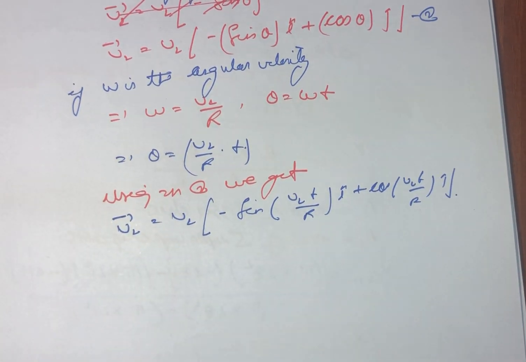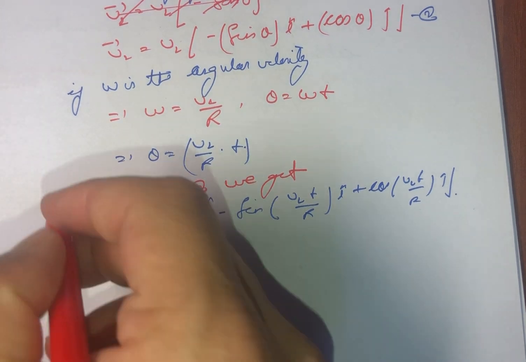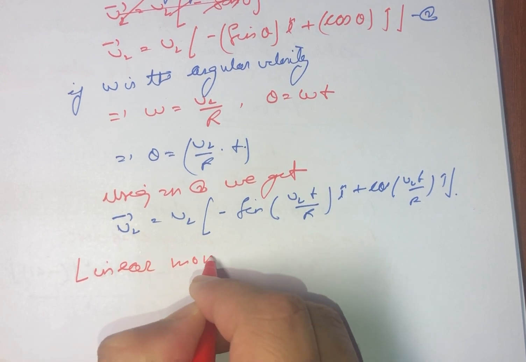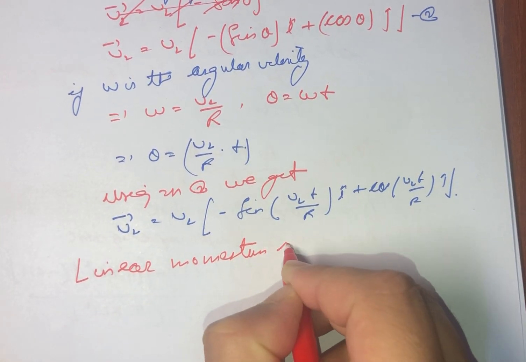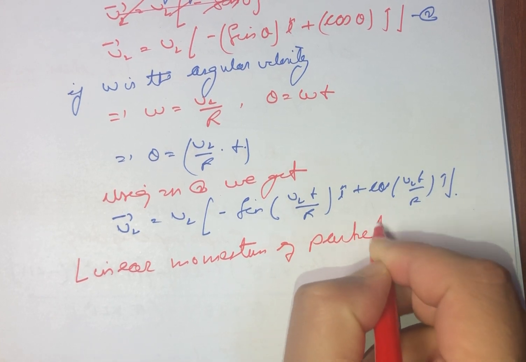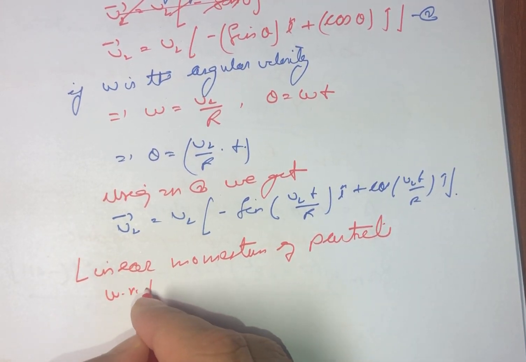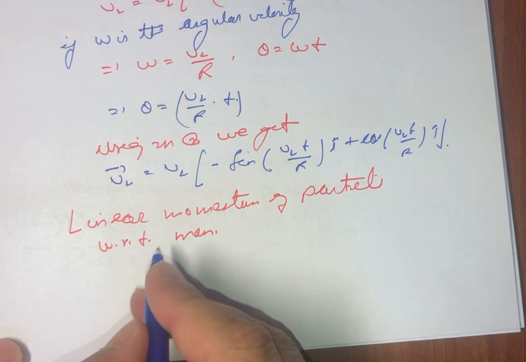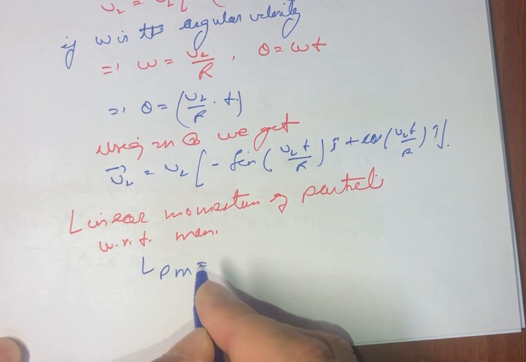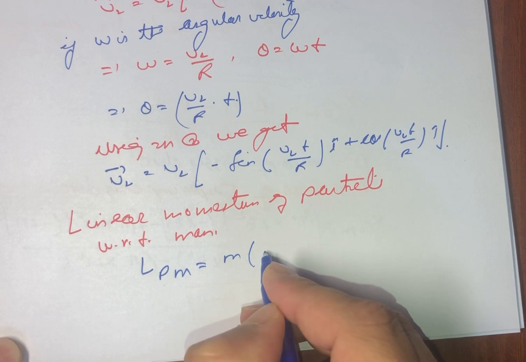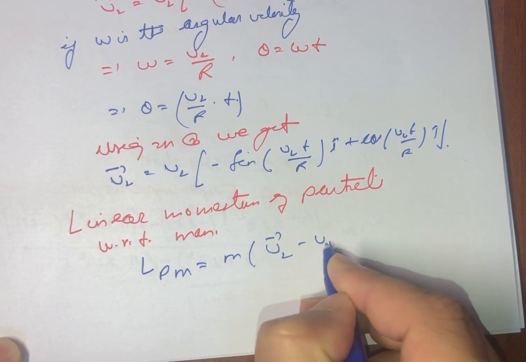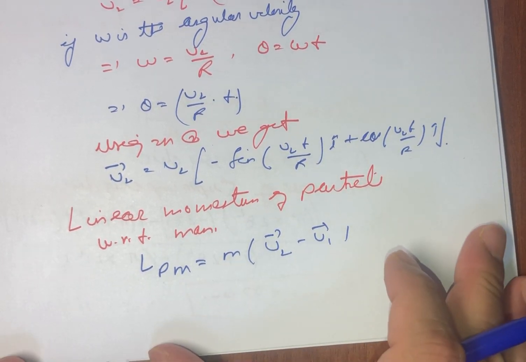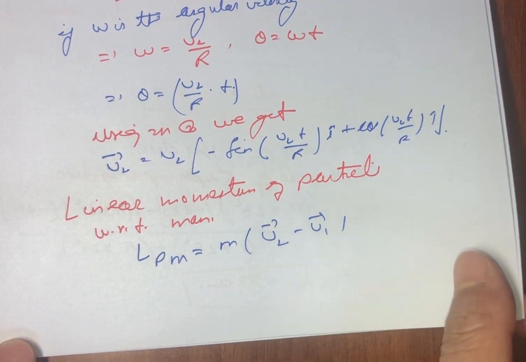So we can say the linear momentum of the particle with respect to man, denoted as LPM, will be equal to the difference in the velocities, v2 minus v1, and mass you can take as common. Now we substitute the values of v2 and v1.